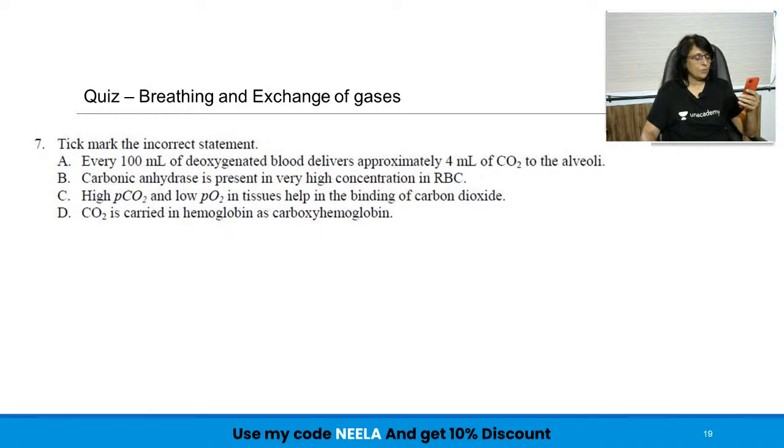I got one answer. Ayush says D. Reena says A. Zara, Kavipriya, Anju, Darshini, they say D. You have to find the incorrect one. Alpa is also saying A. Kalyan is saying D. Okay, the incorrect statement is this one.